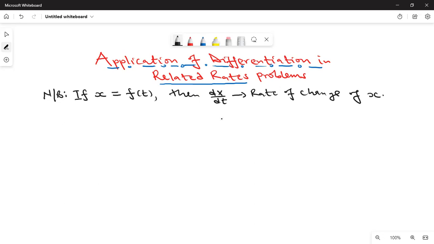So when you talk of related rates, it simply means that you have more than one variable and their rates of change are related by an equation.